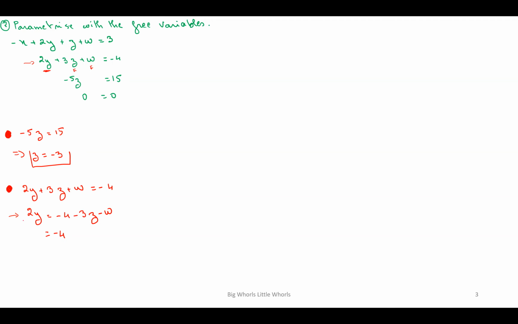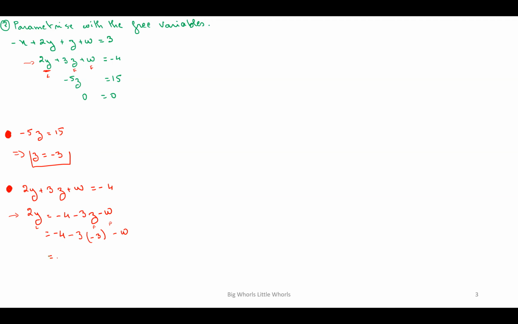If you see, I'm writing the leading variables in terms of the free variables. That's the leading one, in terms of the free variables. So minus 3, we know the value of z, and we don't know the value of w.